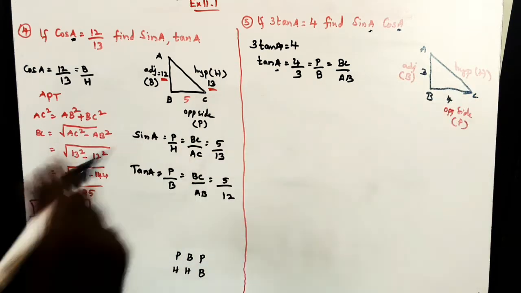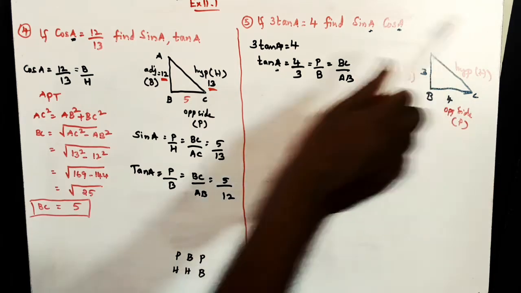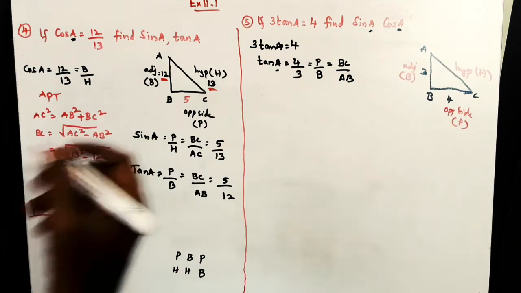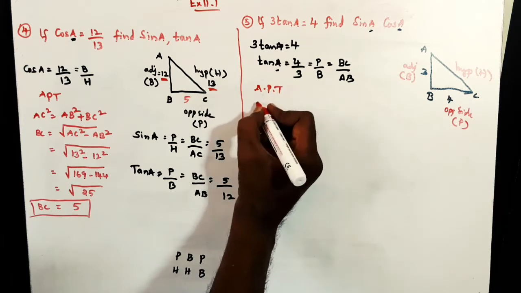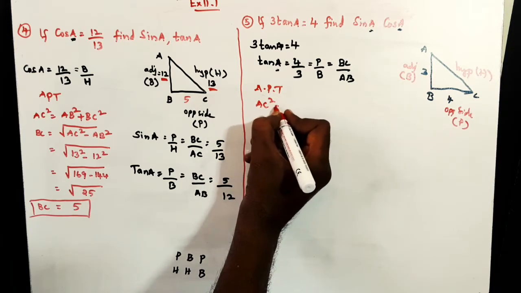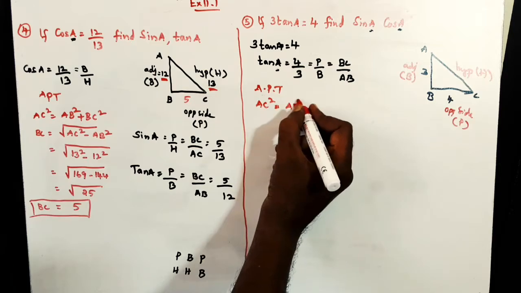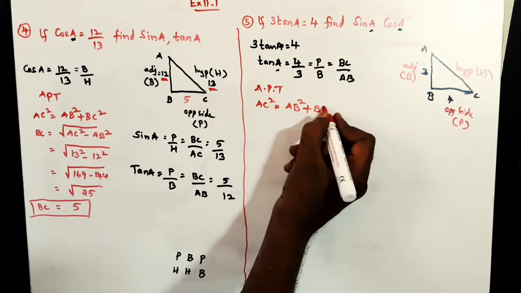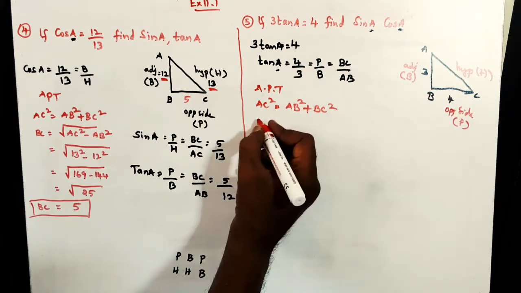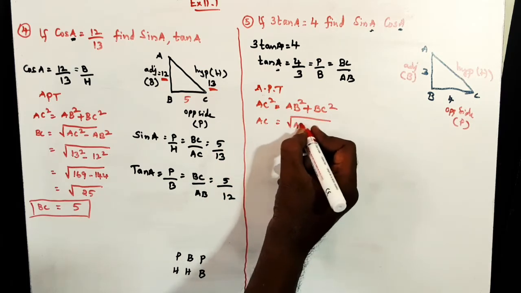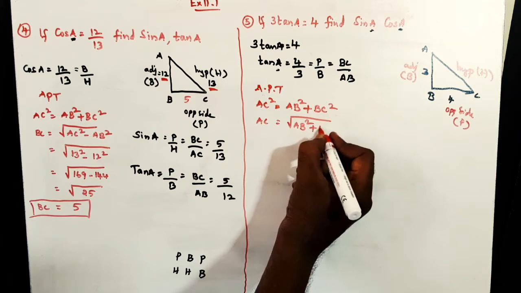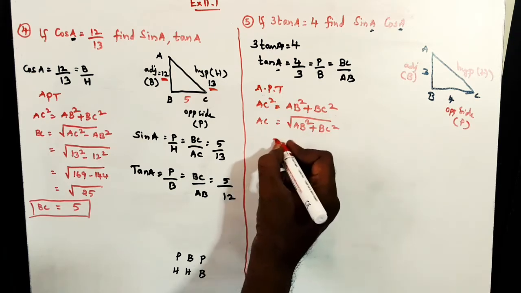Again here we have only two sides of a right angle triangle. You have to find the third side. So again according to the Pythagoras theorem, AC square is equal to AB square plus BC square. So AC is going to become the subject, the square root of AB square plus BC square.